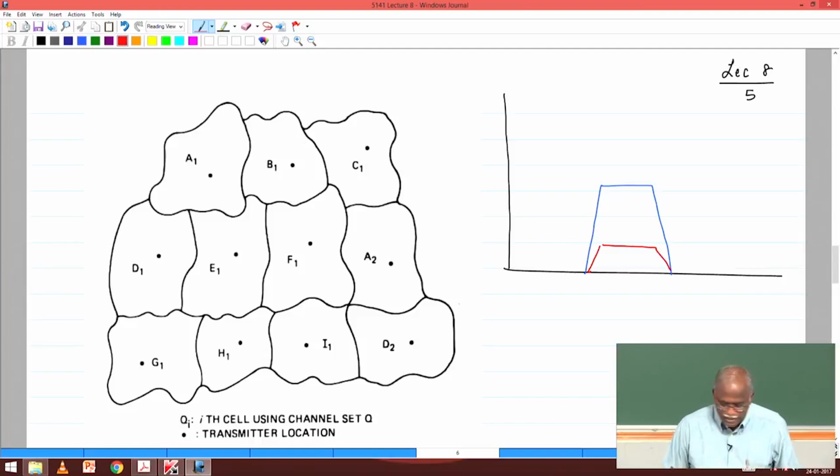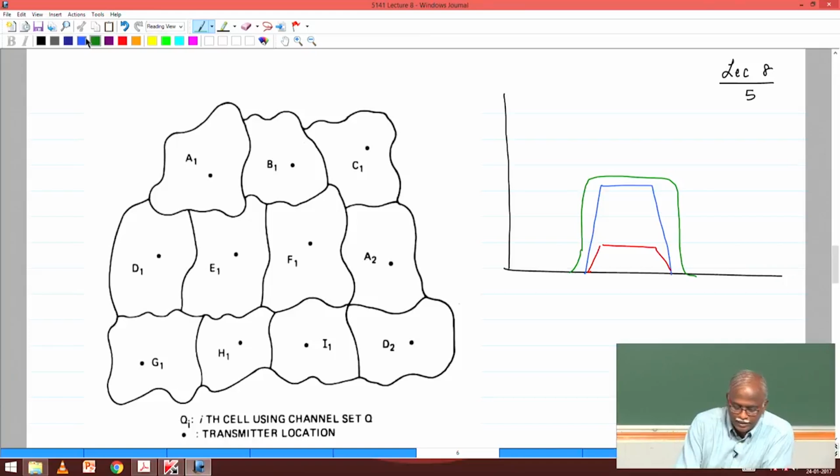And what does your receive filter do? The receive filter always tries to filter out the desired portion of the signal. That is the function of the receive filter. It throws out everything else. But notice it cannot do anything against this red signal because it is an interferer who is within your band.